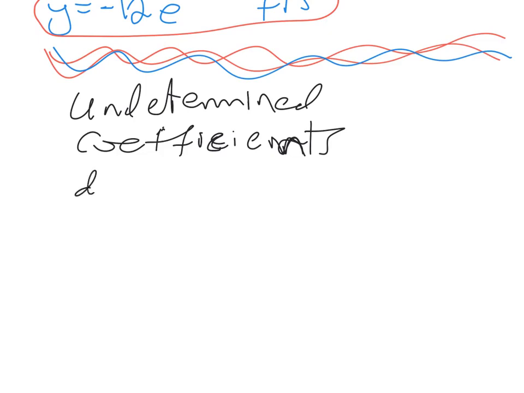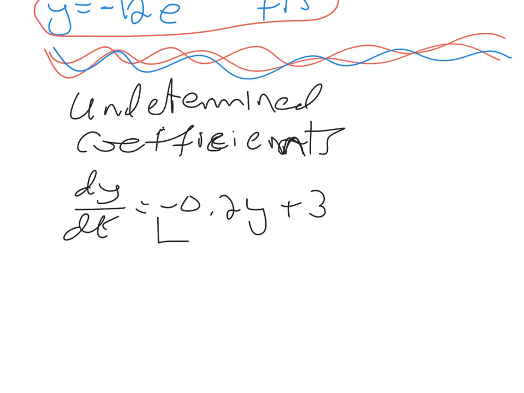So here's the deal. We have the differential equation dy/dt equals negative 0.2y plus 3. And I'm going to see this as a homogeneous piece, this little guy that I'm highlighting in blue here, that's the homogeneous part.